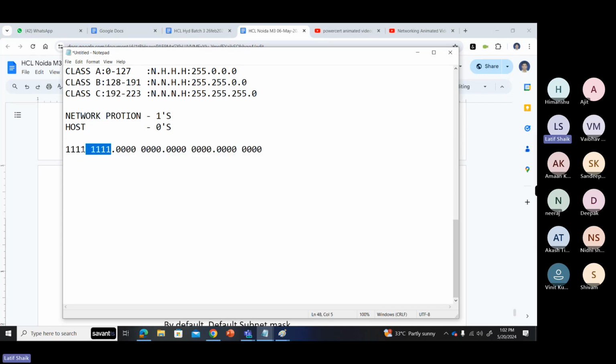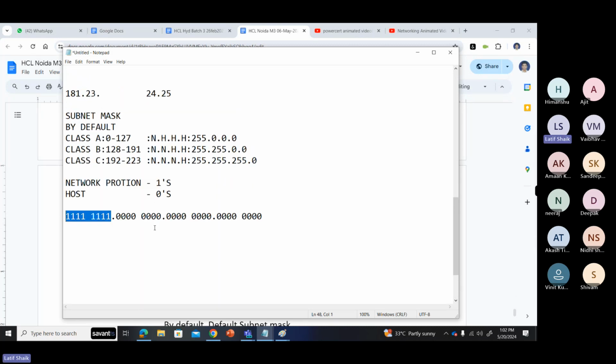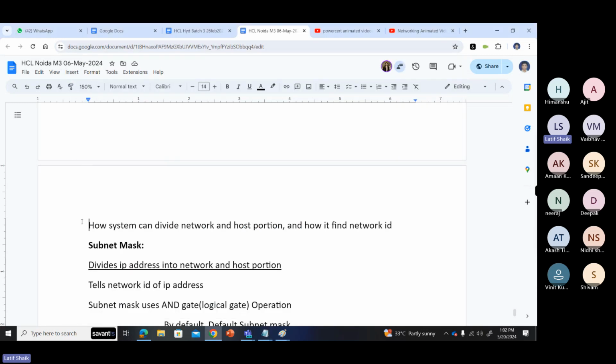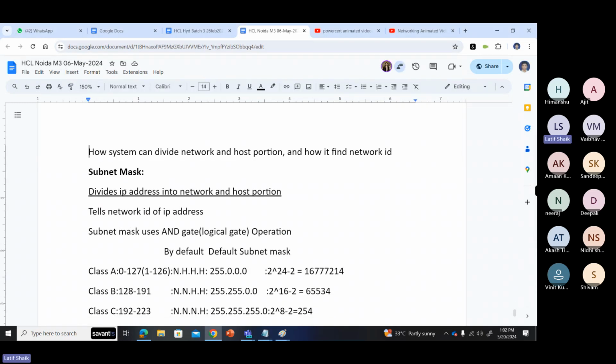So 8 ones means 255. This entire portion is ones, which means this entire portion is the network portion. So what is the subnet mask? The subnet mask divides your IP address into network and host portions. It tells the network ID of the IP address.